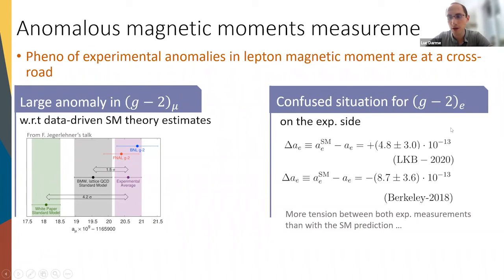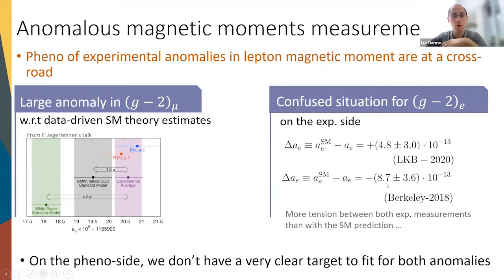Typically you see that you have something at the 10 to the minus 13, which is very interesting, because this is basically where you would expect the g-2 of the electron to be with naive scaling if the muon anomaly is true. But you see that it's a bit of a difficulty, right? Berkeley was pushing to a negative value at almost 2 sigma, while the new result pushed for a positive value at 1.5 sigma-ish. So of course, this makes for quite a different situation, because a different sign means completely different physics between both.